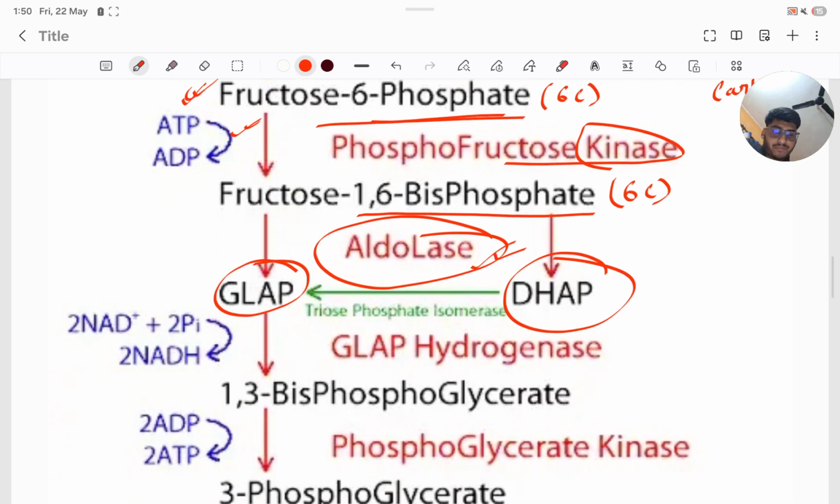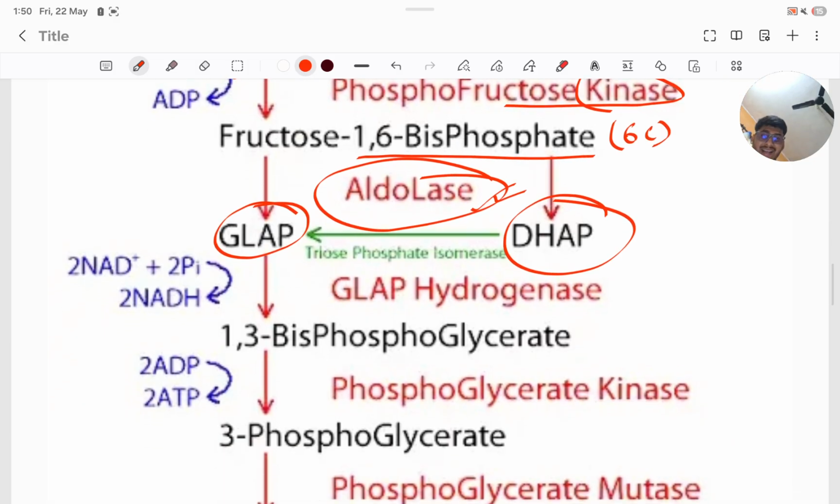So the aldolase does all this stuff. It is breaking the fructose 1,6-bisphosphate to GAP and DAP. Then this GAP is changed to 1,3-bisphosphoglycerate by the enzyme GAP dehydrogenase.